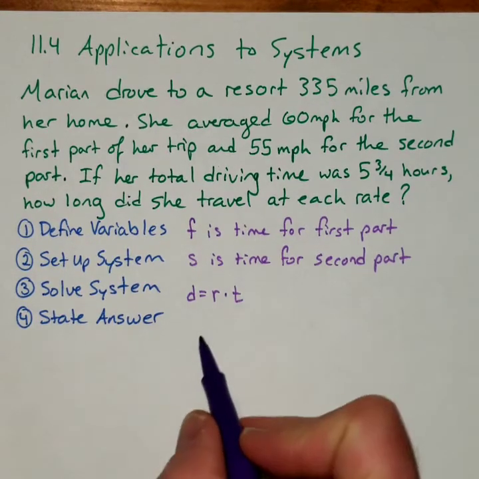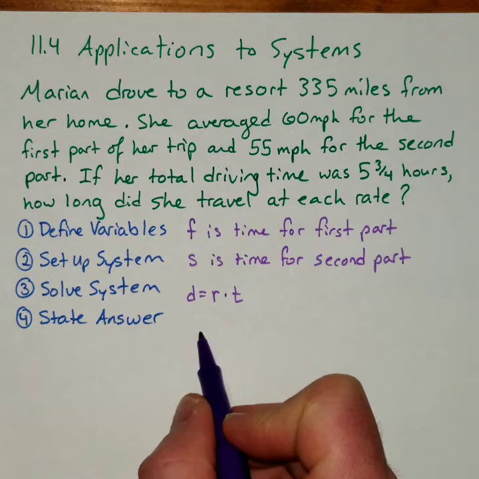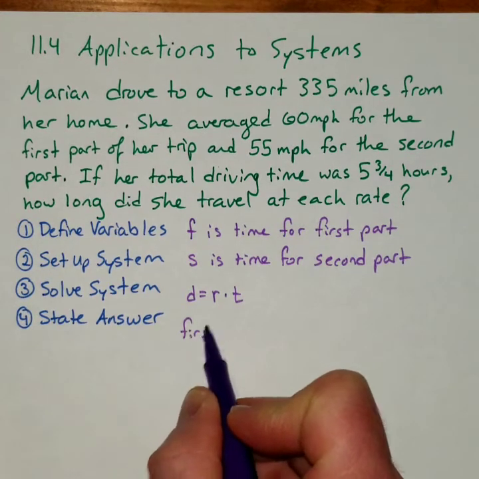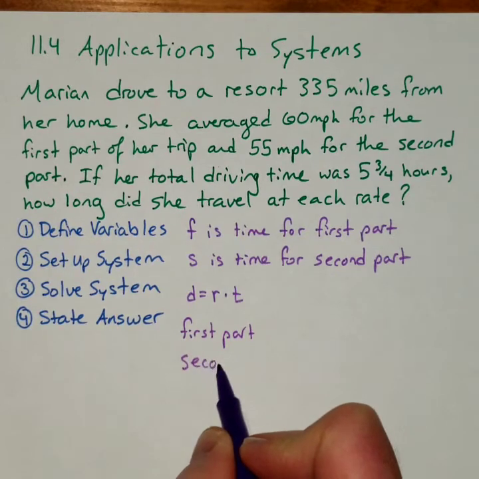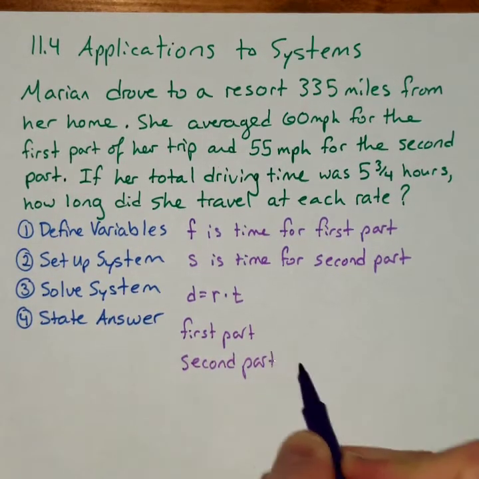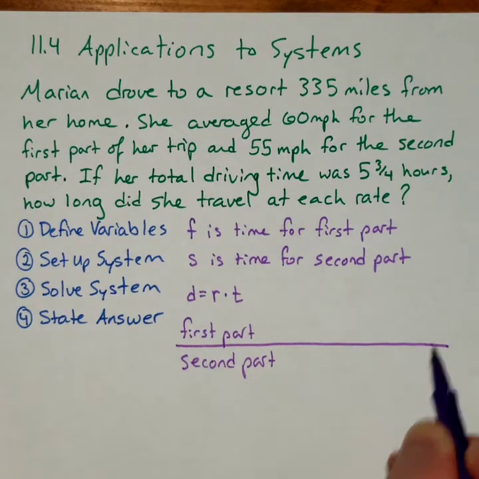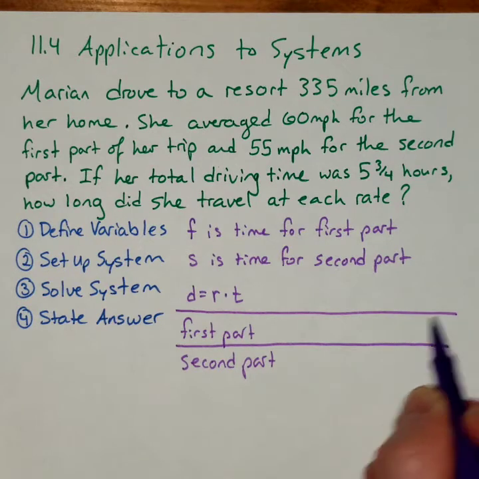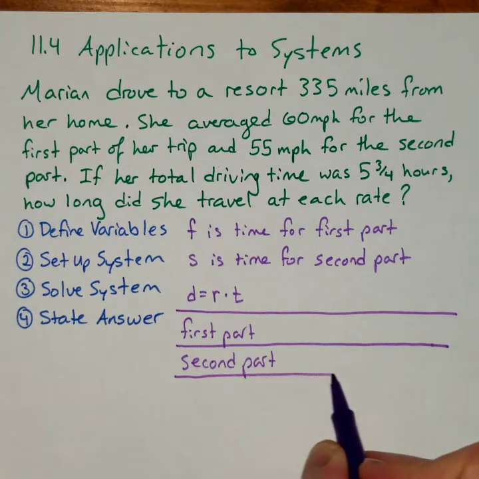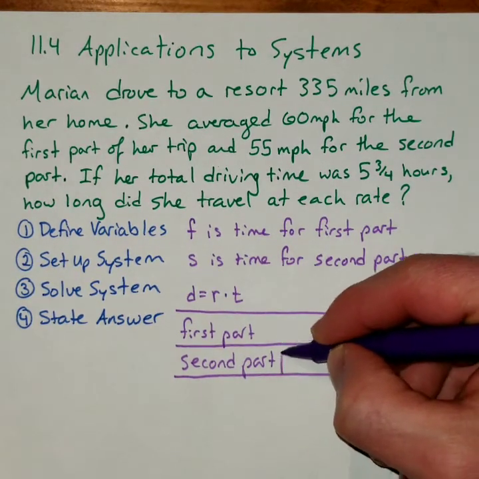So the first thing I'm going to do is make each row a different part of the trip. So the first part and the second part. And then the columns are going to be the distance, rate, and time. Actually, I'm going to reverse that order.